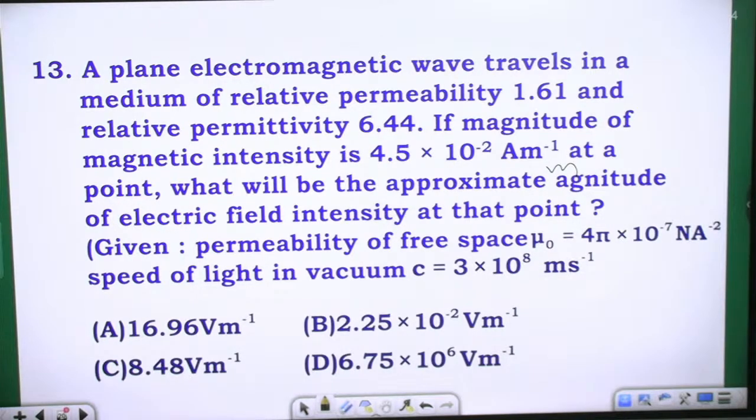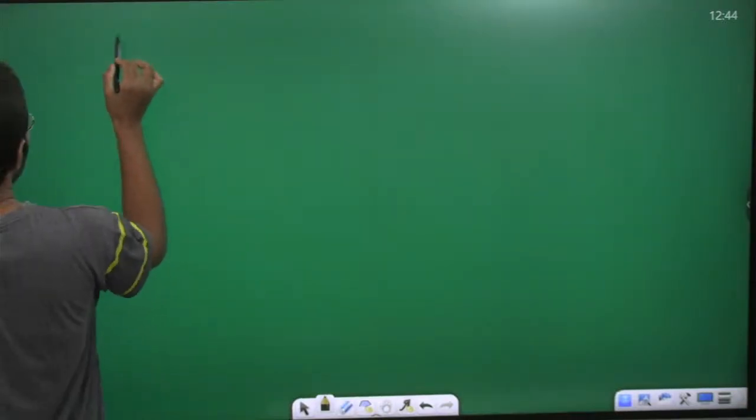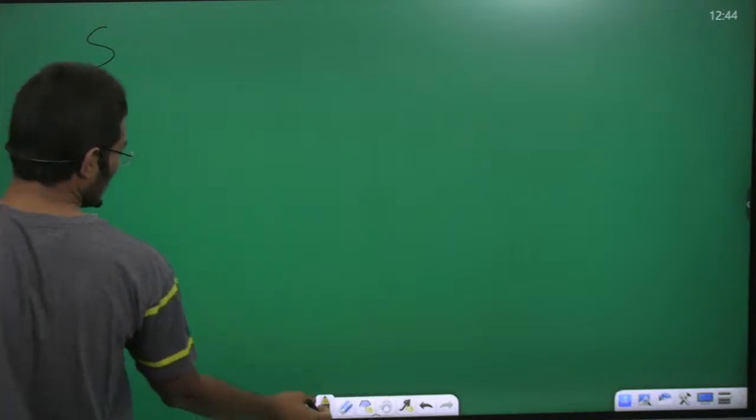And they gave the properties of relative permeability and relative permittivity. So this is a straightforward direct formula based question. If you look at the question, first let us find the speed of light in the medium.